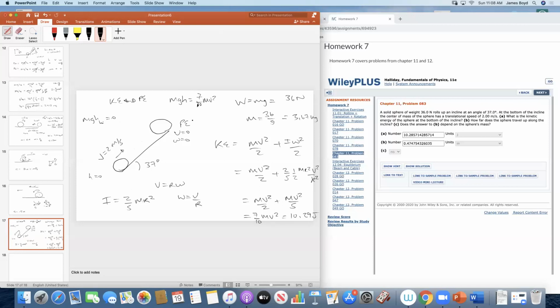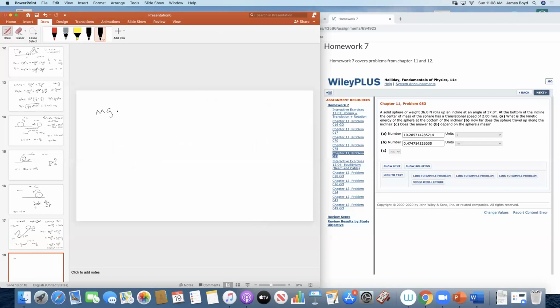Now, we can find how far does it go up, because let's go back to this. mgh is 7/10 mv squared. The answer to the third question is this doesn't depend on mass. h is 7/10 v squared over g, which is 7/10 times 2 squared over 9.81, right?